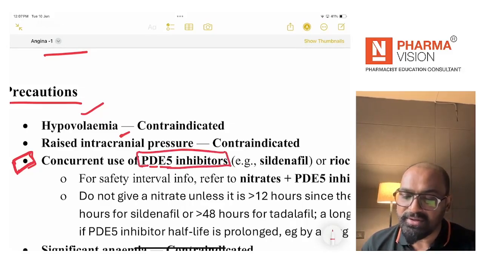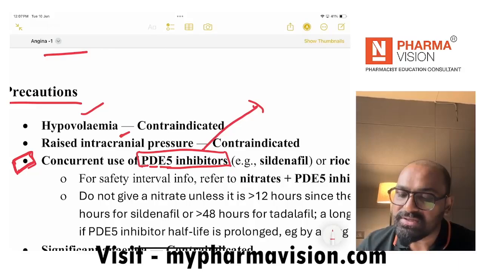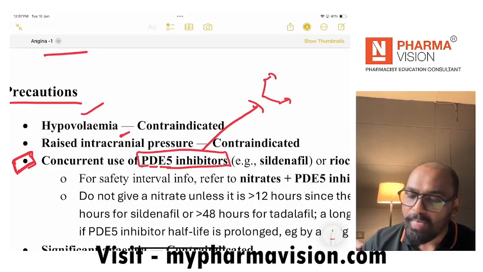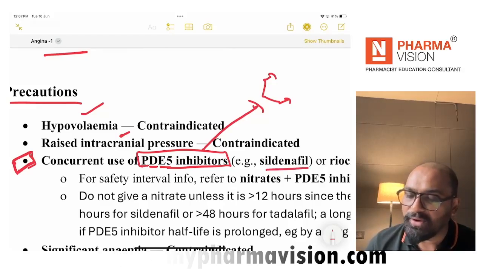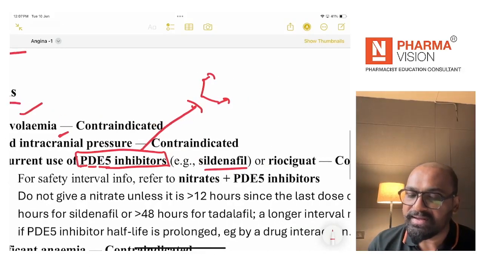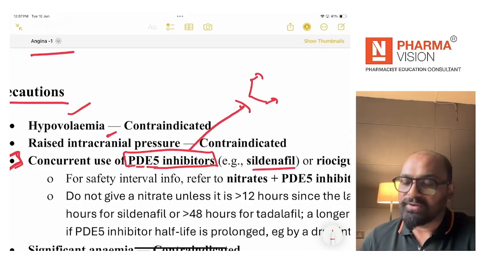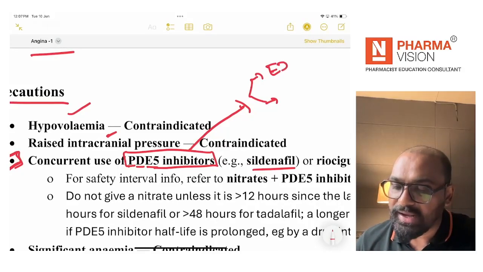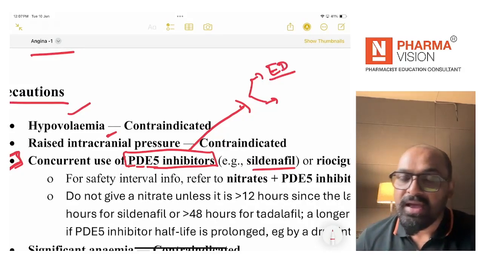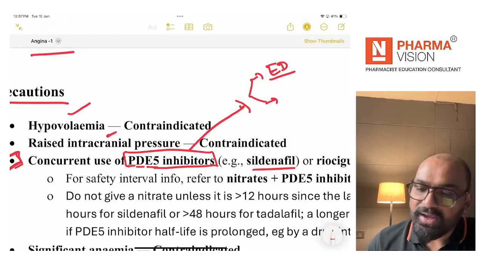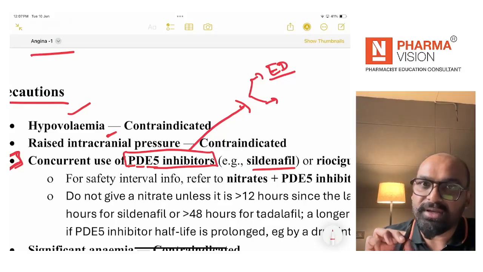Phosphodiesterase inhibitors have two main purposes. One is sildenafil, which is known as Viagra, used for erectile dysfunction. Erectile dysfunction is when the blood vessels in the penis are not fully dilated, so this medication causes vasodilation and more blood is held in the penis.